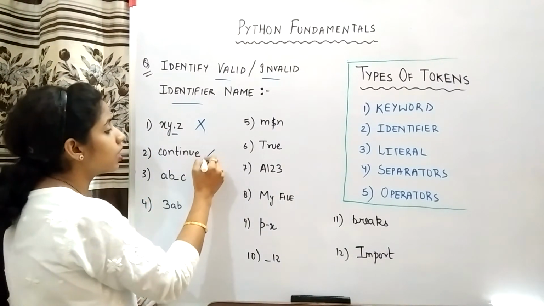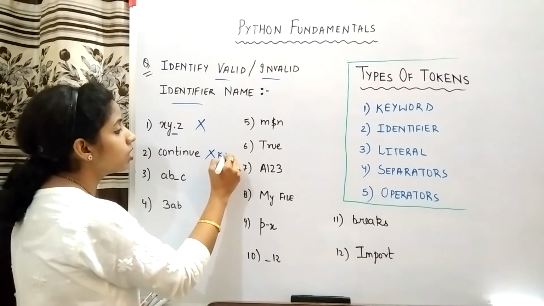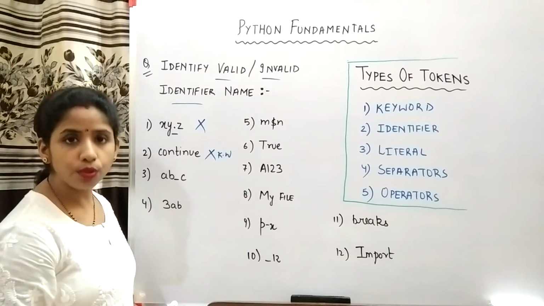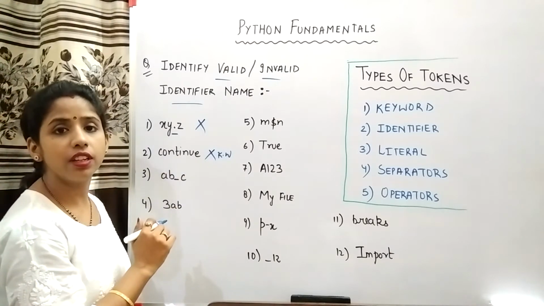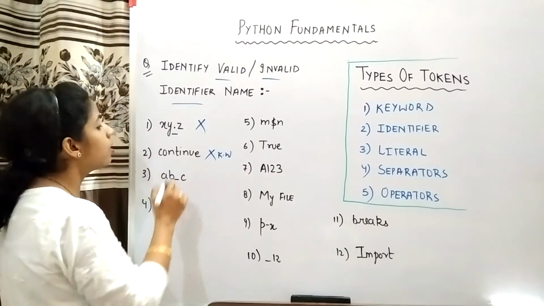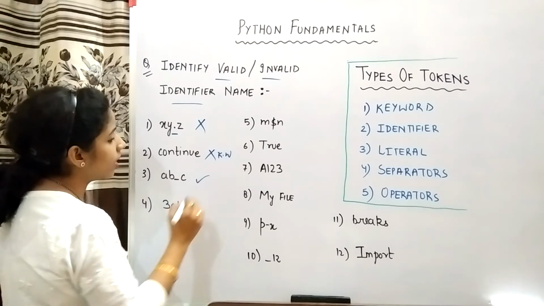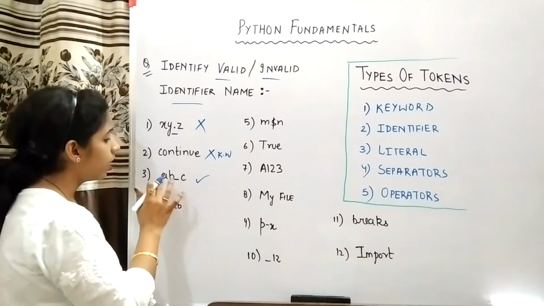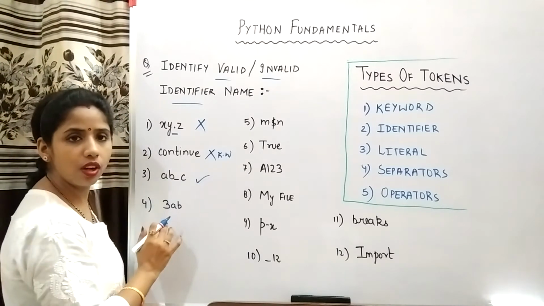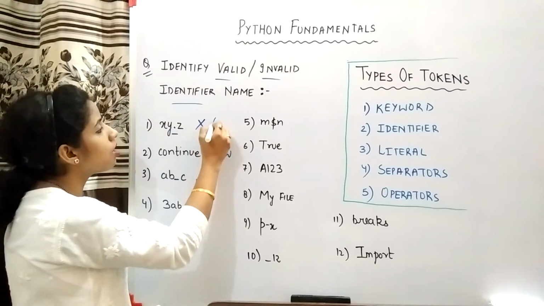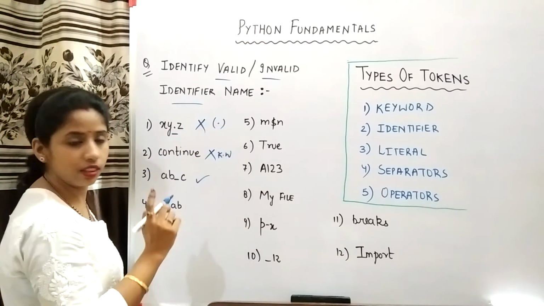This one is again invalid because it is a keyword. Right now you don't know, but it is a keyword, and that is why you cannot keep the name of your identifier as continue. Here this one is valid because underscore is allowed. It is starting with an alphabet and containing only alphabets, so there is nothing wrong in this. And this was wrong because of this special character, right?